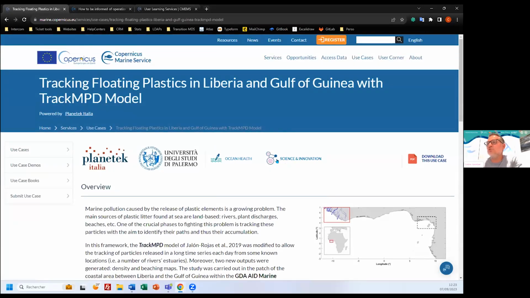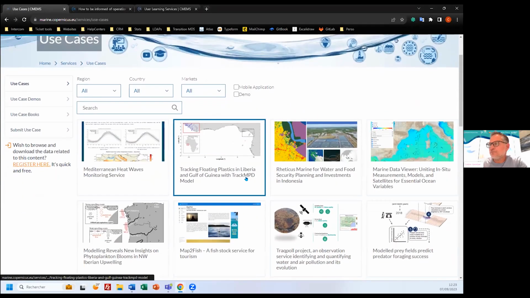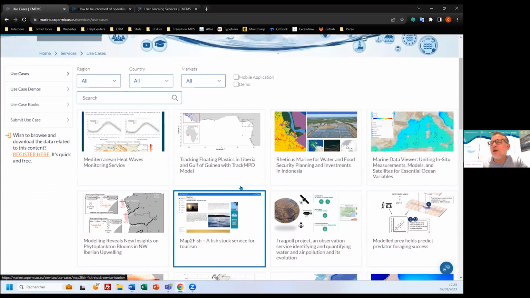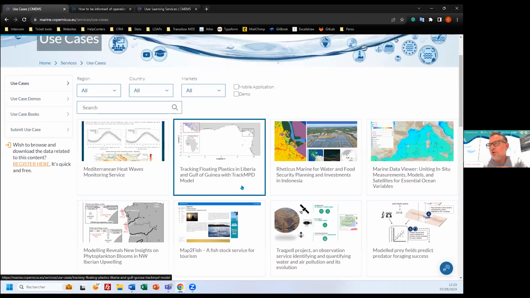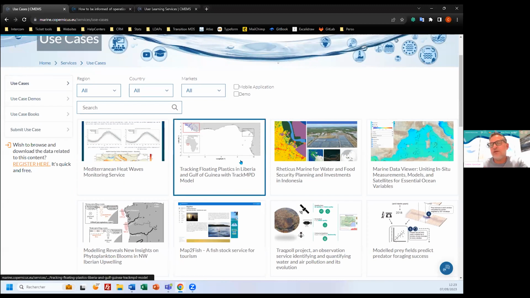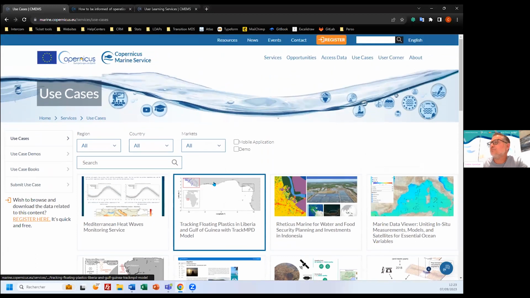So do not hesitate to check this page to have several examples of application. And after using data and services and after building your own application, you can submit here your use case, and so your specific example will appear on this page.